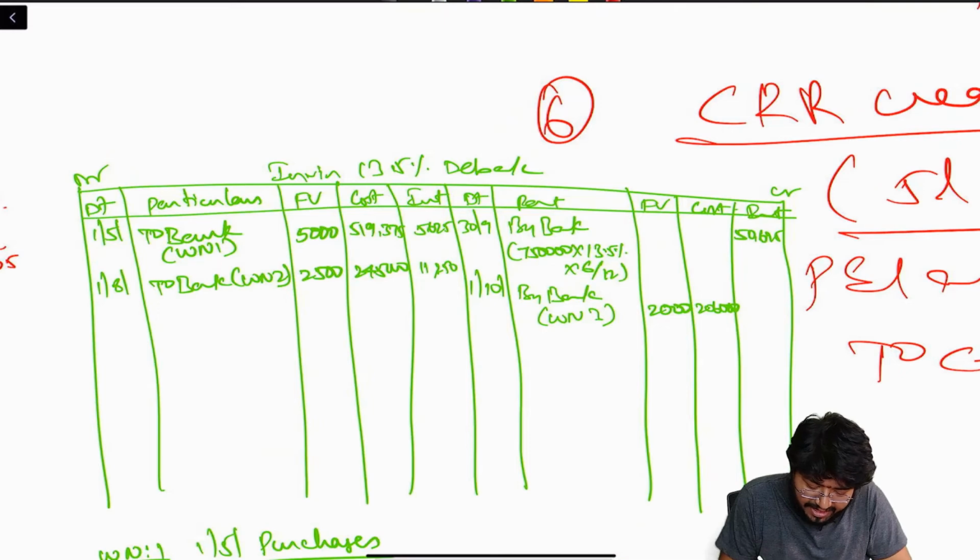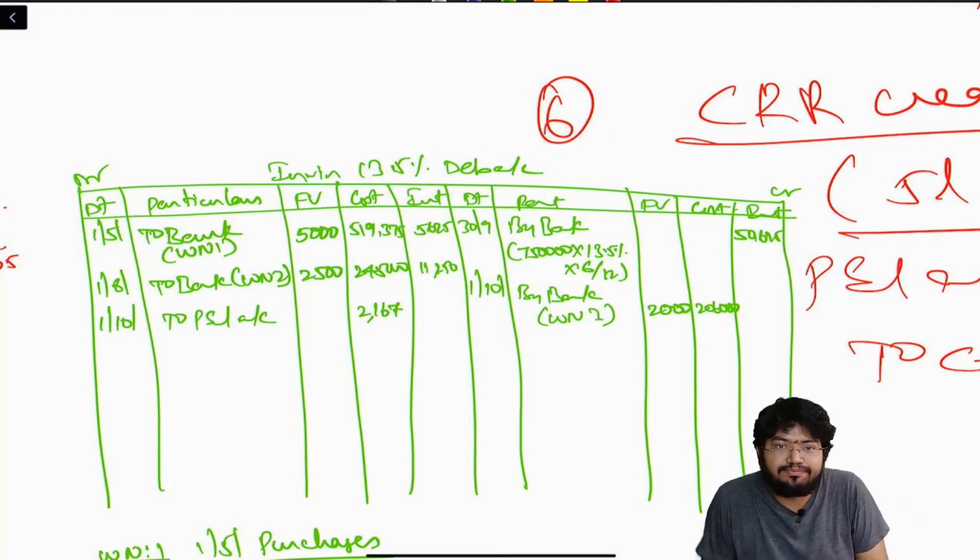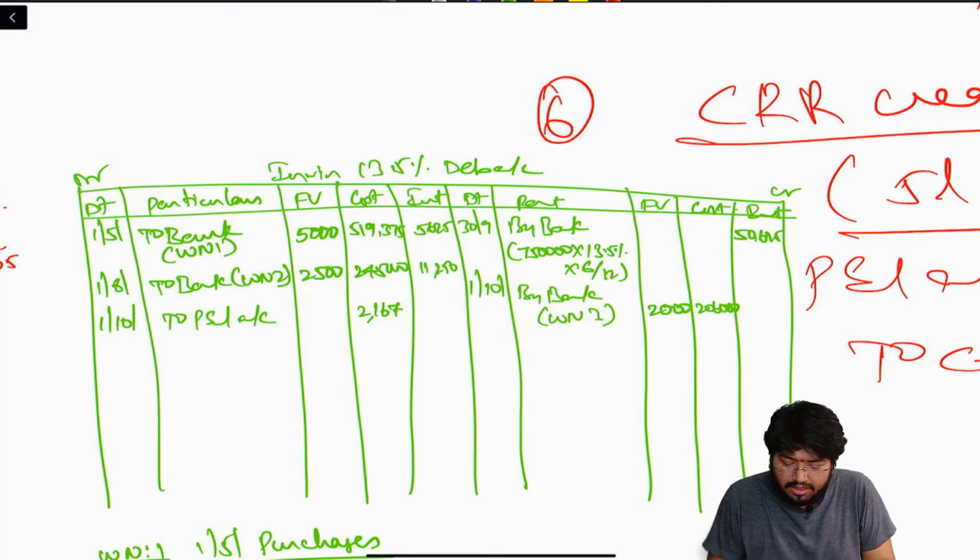On the same day, 1st of October, to P&L in cost column 2,167. So with this all transactions are done. Now you can close your accounts, because this fellow's accounts closure is on 31st December. After this no other transactions have actually happened.